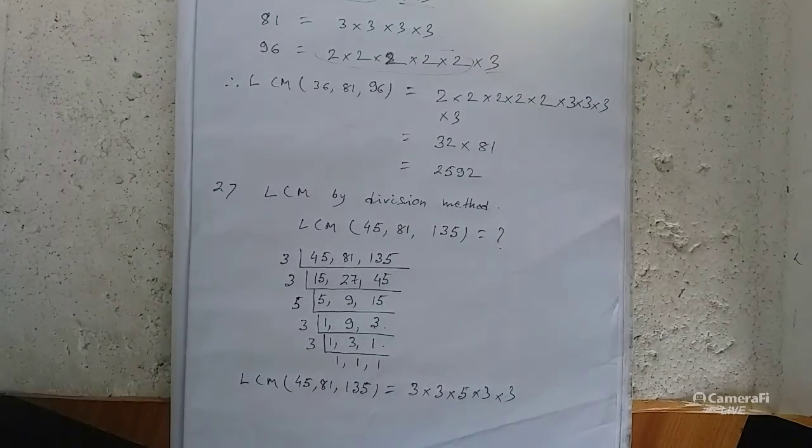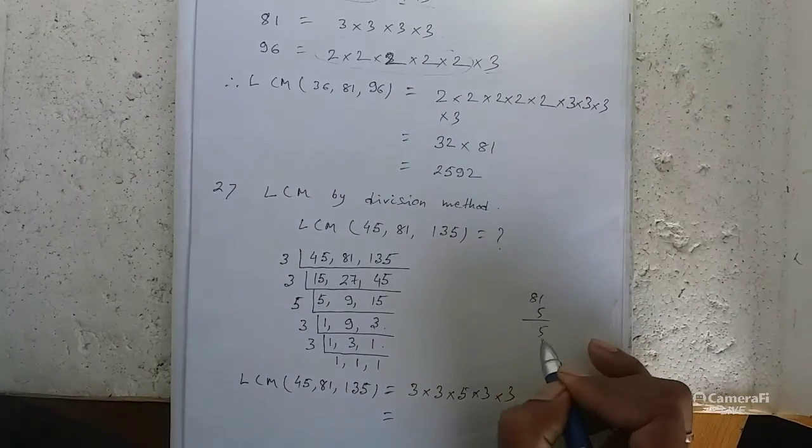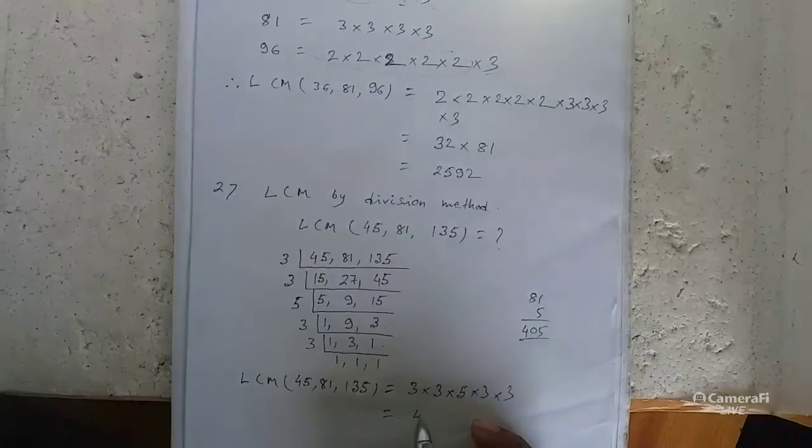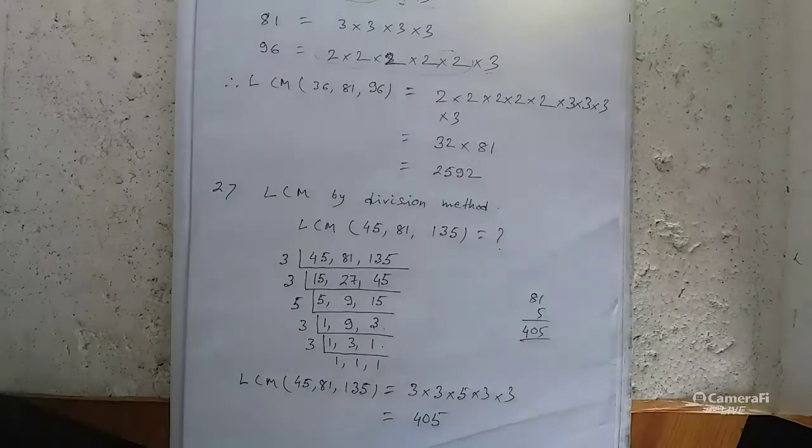If we multiply, 3 threes are 9, here 3 threes are 9, 9 nines are 81, into 5. 81 into 5: 5 ones are 5, 5 eights are 40, 405. So, the LCM of 45, 81 and 135 becomes 405. So, this is the method to find the LCM by division method.